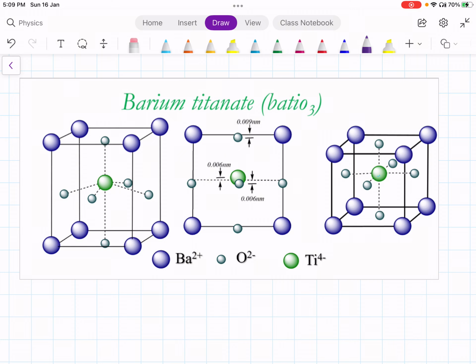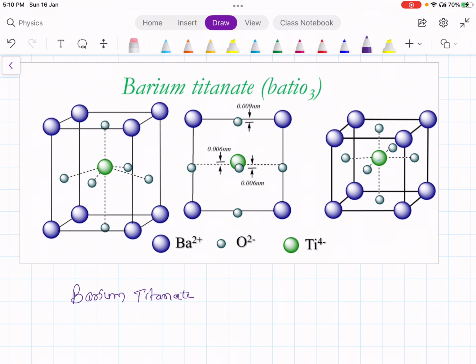In this lecture, I am describing barium titanate structure. Barium titanate is ferroelectric, which also exhibits piezoelectricity.